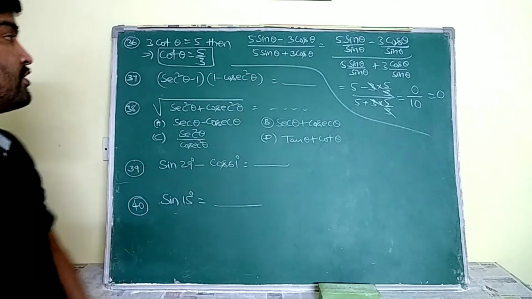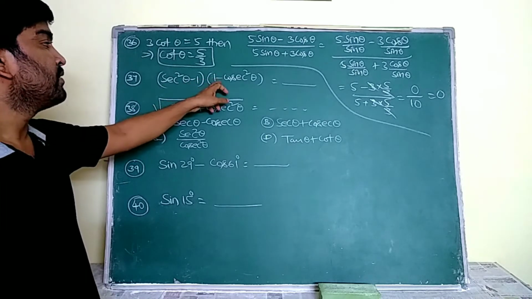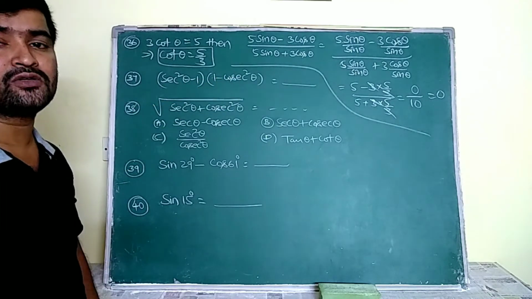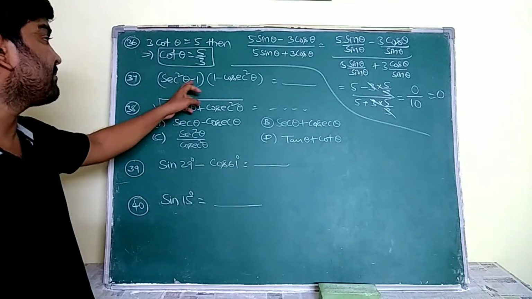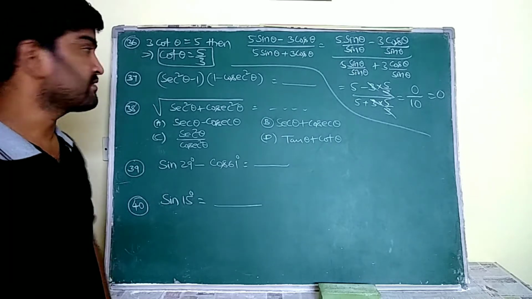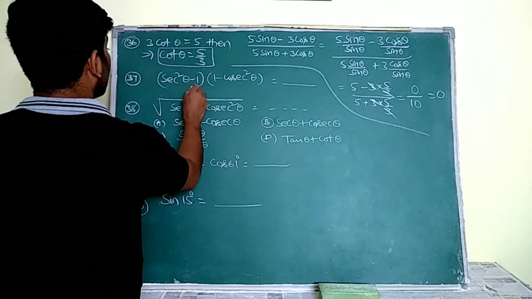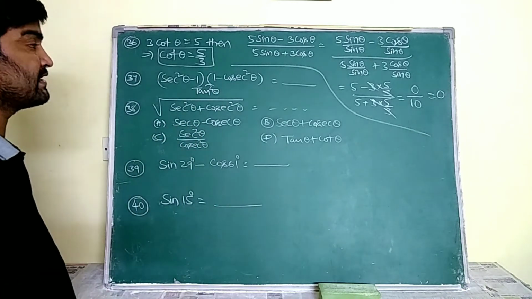equivalent to 0. Now see ma, secant square theta minus 1 into 1 minus cosecant square theta is equal to what he is asking. We know by the identities that secant square theta minus 1 is equal to what? Tell me ma. Tan square theta. So here I am going to write tan square theta. Next, 1 minus cosecant square theta.